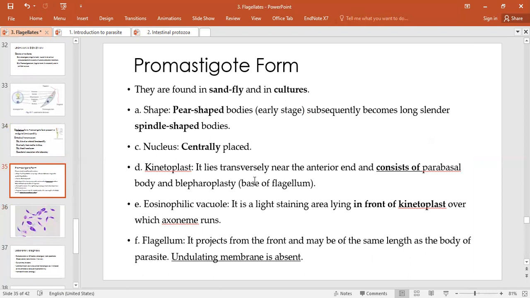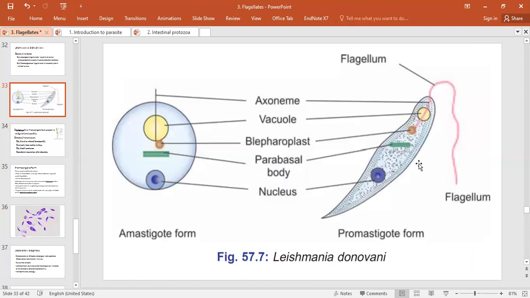The promastigote form, which is found in the sandfly and can be cultured, is pear-shaped. Initially it is pear-shaped, then it becomes long, cylindrical, and spindle-shaped. The nucleus is central.